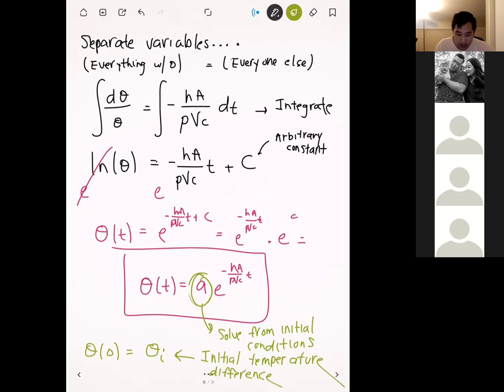And because we have just an exponential here, when we plug in 0, we're going to get this exactly. So actually plugging in the initial condition here is fairly simple, but I'll do that on the next page.